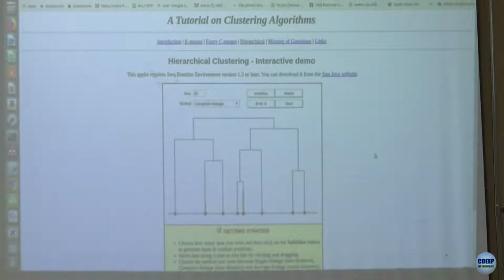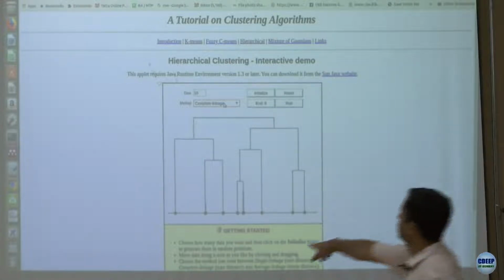Most clustering algorithms are very intuitive. Now there are choices here. There are some parameters, whether it's single linkage or complete linkage. The difference is largely whether I consider all pairs between two clusters or only one.